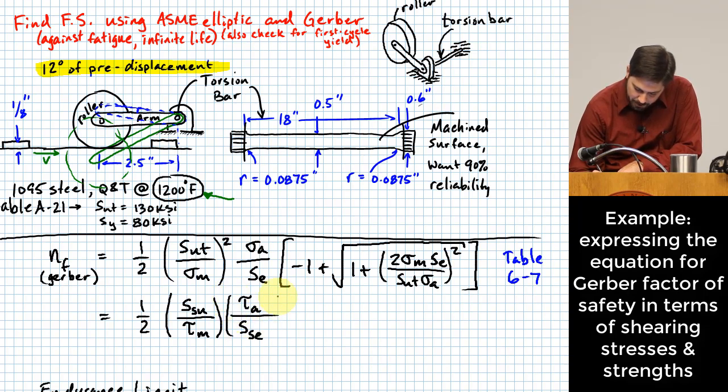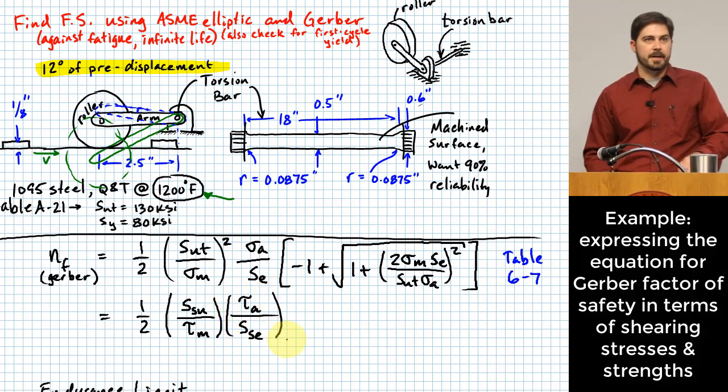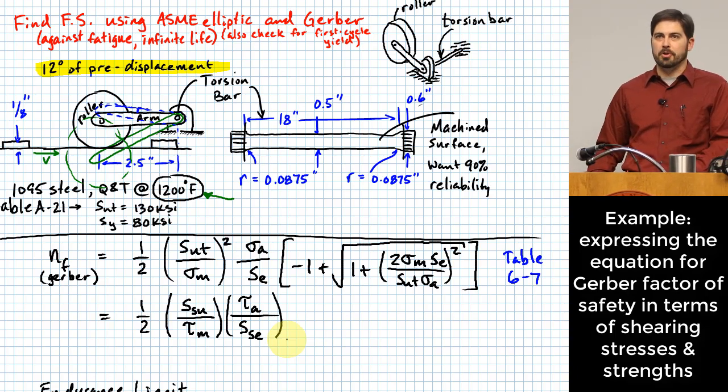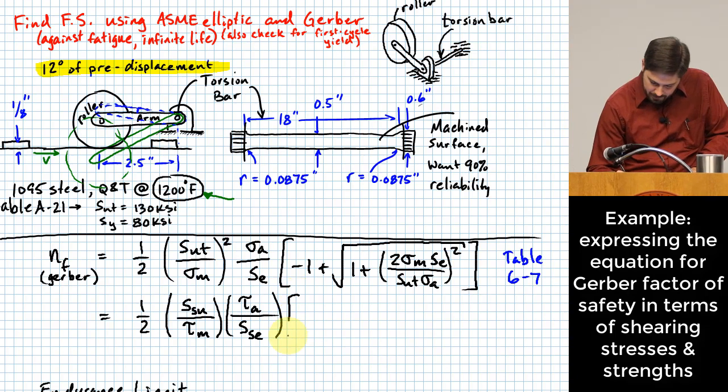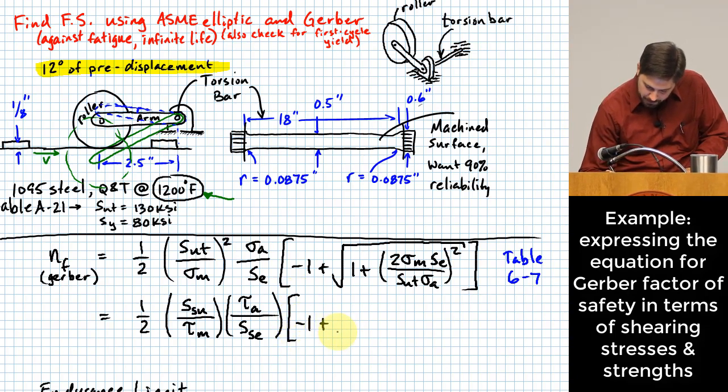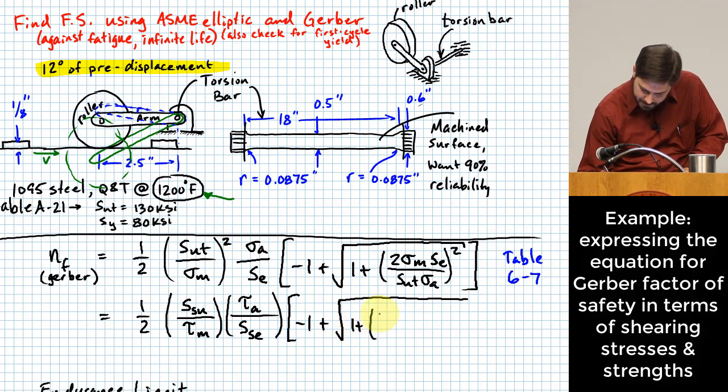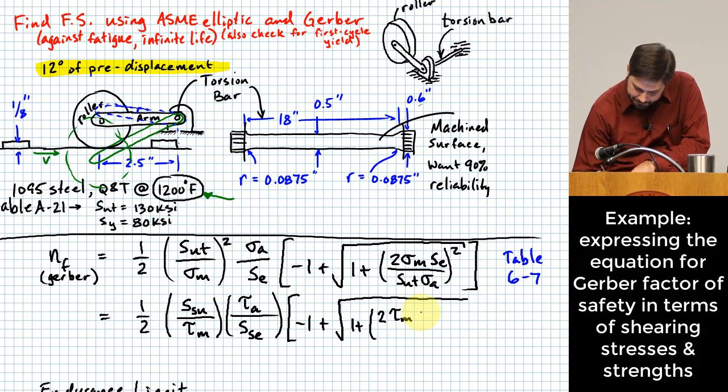We already found that part, so we're good as far as our endurance limit in the shearing orientation. We have that number already. This gets multiplied by -1 plus the square root of 1 plus 2 times tau sub m times S sub SE over S sub SU times tau sub A.